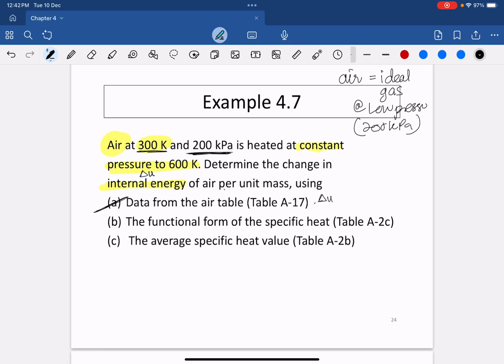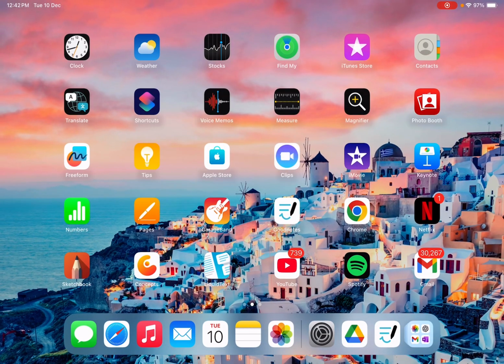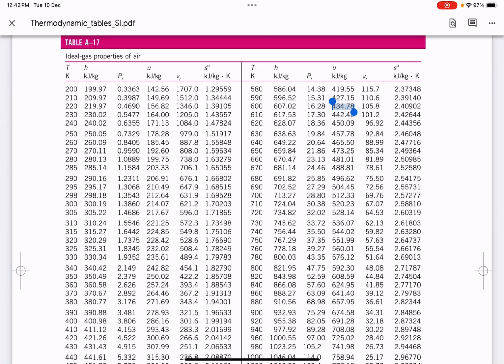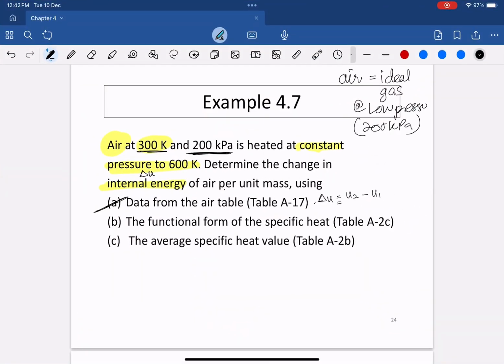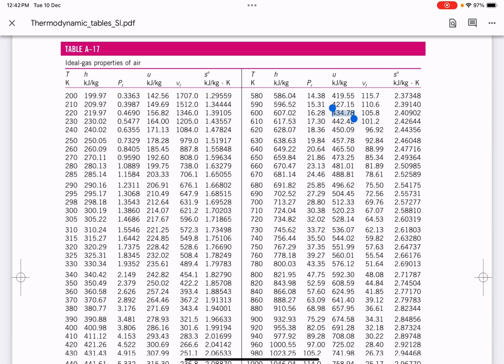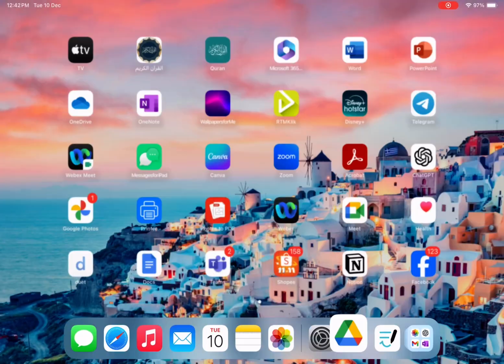Delta u equals the change of u2 minus u1. So that gives us 434.78 minus 214.07.